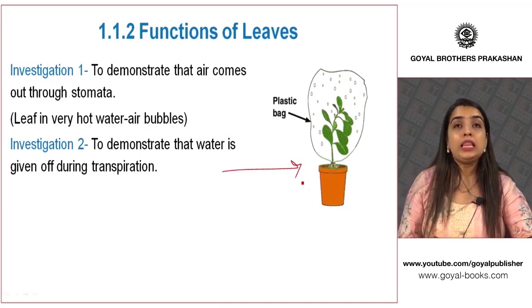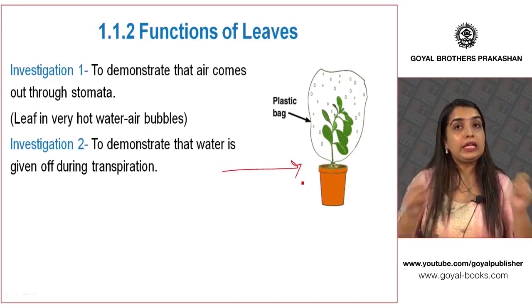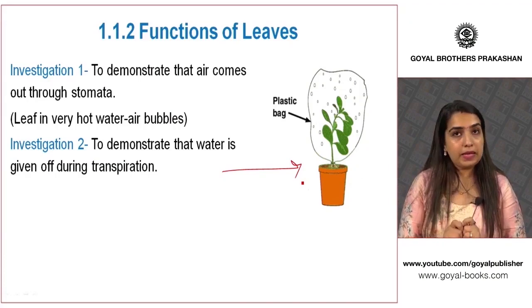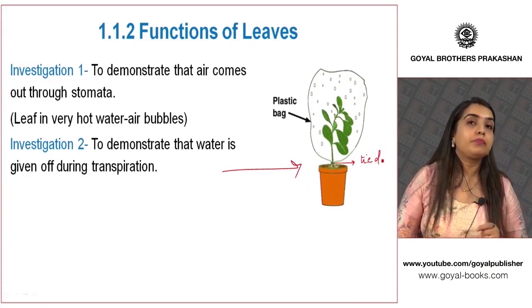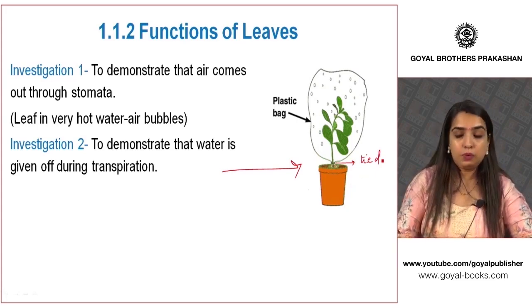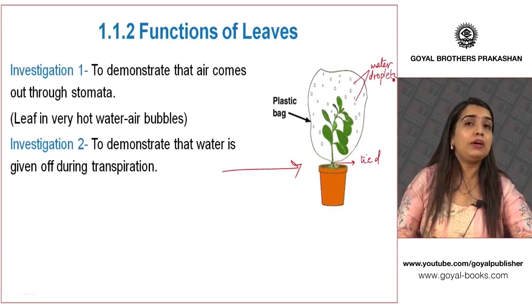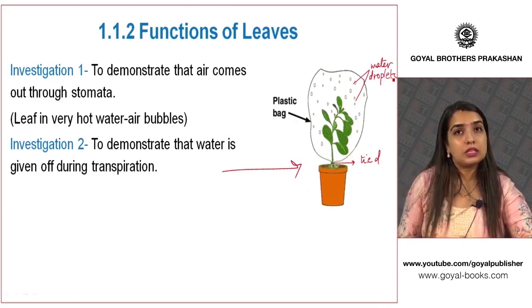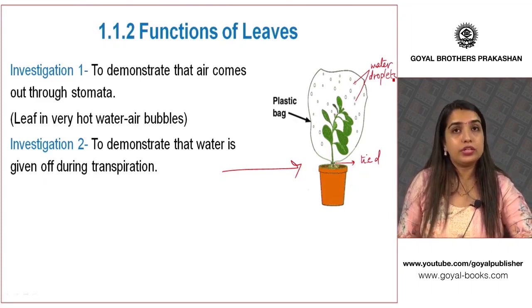I suggest that you keep the plant on one place and cover it with a plastic bag, tying it here at the end, and notice after some time that tiny water droplets will have come onto the surface, showing that water is indeed given off during transpiration.